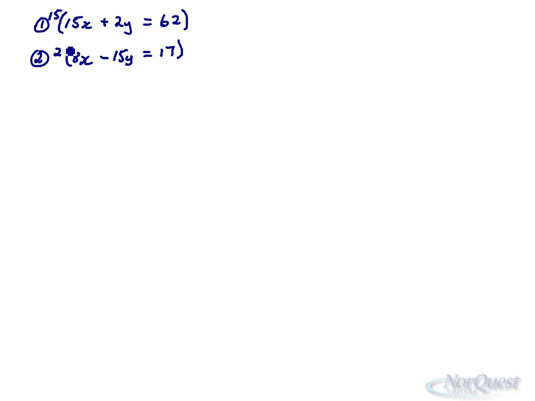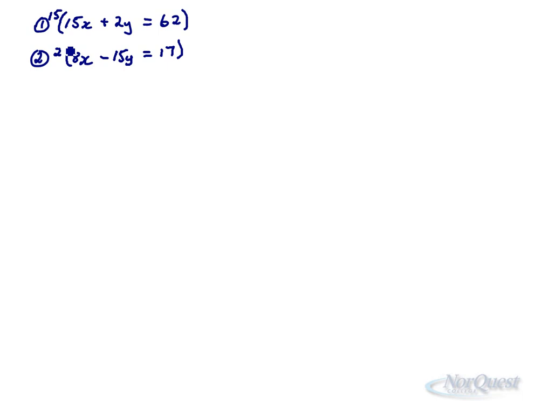Not until they have the same coefficient. Then I can add or subtract. So I'm going to make the y's equal to 30 so that I can either add or subtract these equations to eliminate it. I could have worked with the x's, but the number that both 8 and 15 go into is a lot bigger than 30. 15 and 2 both go into 30.